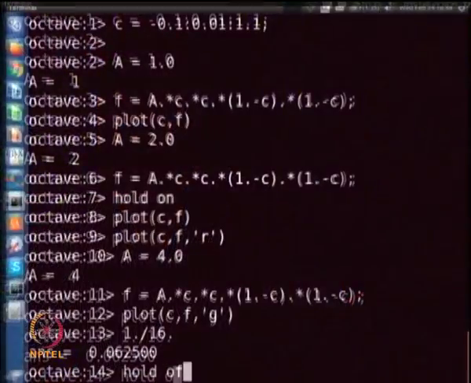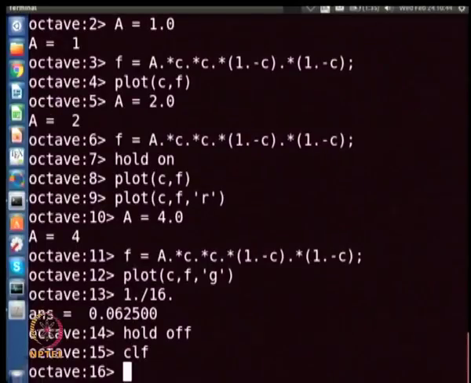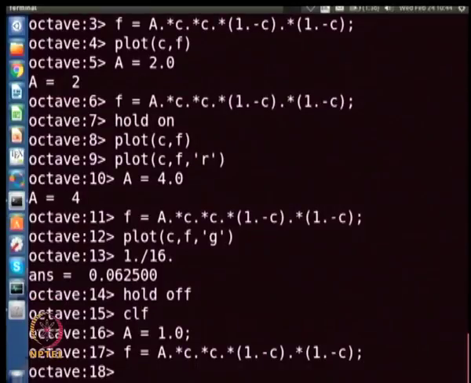Okay. So, let me hold off. So, I do not want the earlier figure, I want to clear the figure. So, I want to define f prime to be equal to, let me first define a equal to 1. Okay. So, we will do the rest of it with a equal to 1. So, we know the f expression. So, that is the f expression.